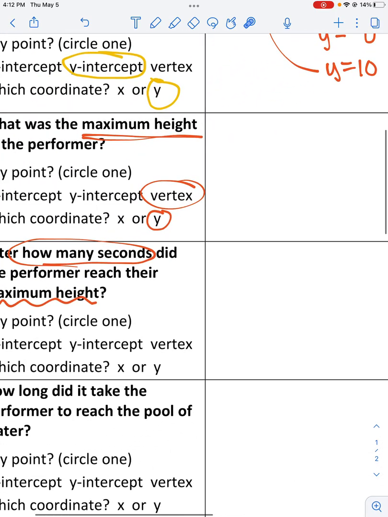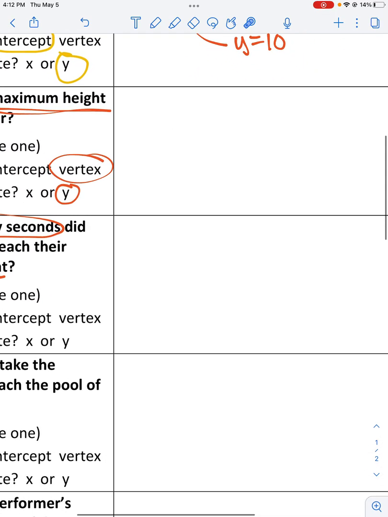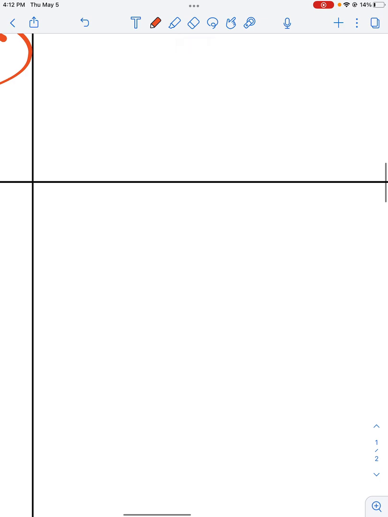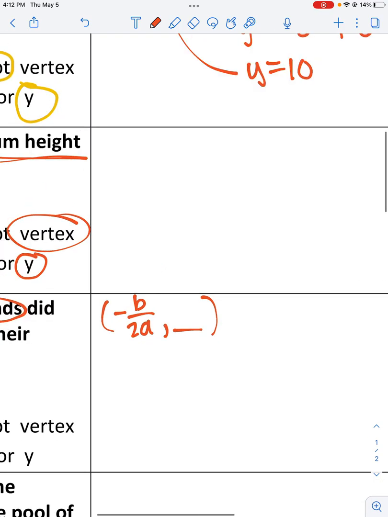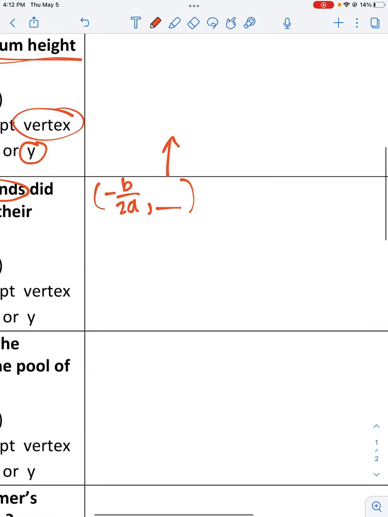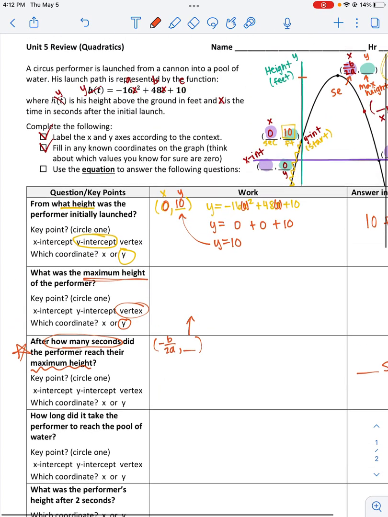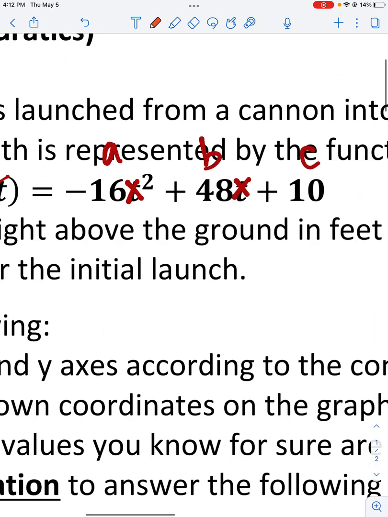So before we can find the max height, we need to find the x first. In my vertex, the x comes from negative b over 2a, and then we'll find the y and do that up there. Negative b over 2a comes from my equation. Here a is negative 16, the number in front of x squared, b is 48, the number in front of x, and my c is 10.